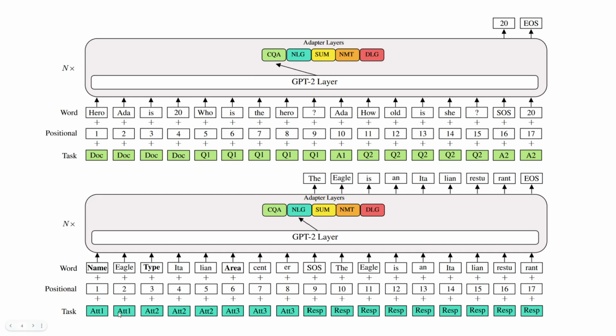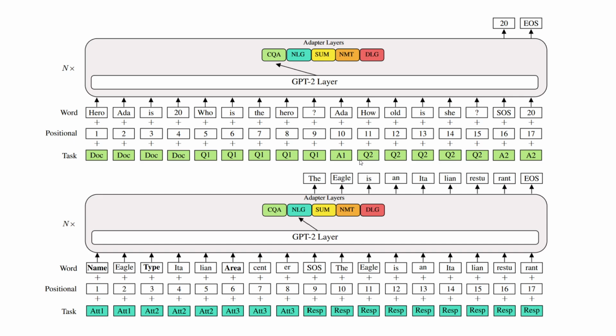Similarly, you have this where you have different attributes. So for instance, you have attribute one, which is name eagle, then attribute two type Italian. And then you can see in some cases, like the word Italian gets split across tokens. Then you have attached the segment embedding to both of them. Then area is center. And then the response is the eagle is an Italian restaurant.